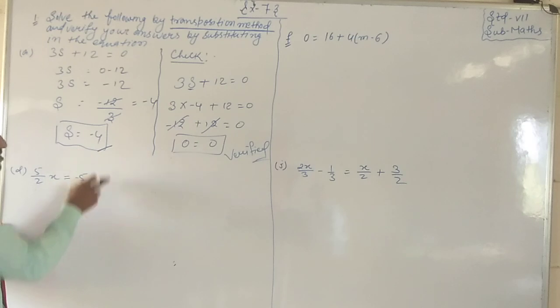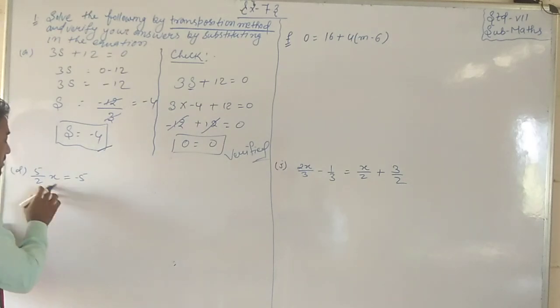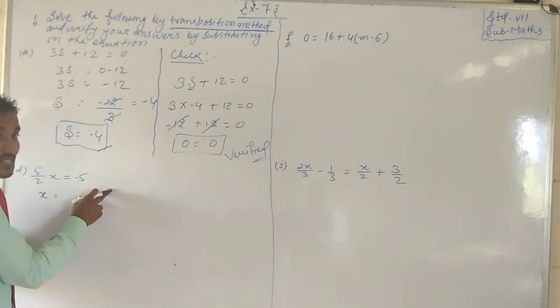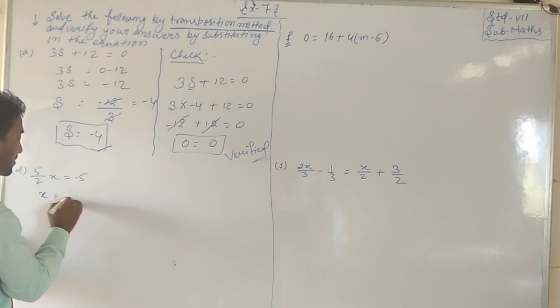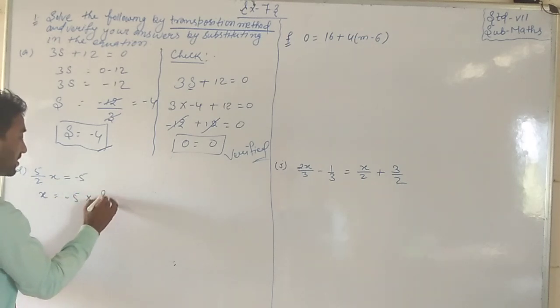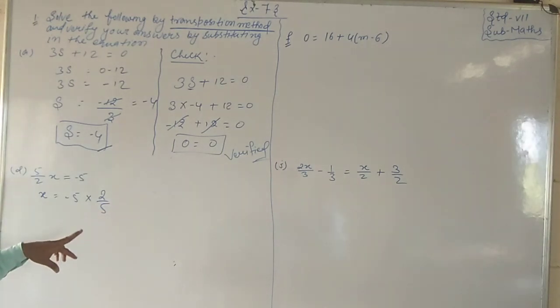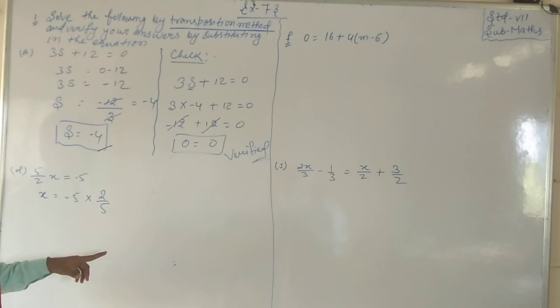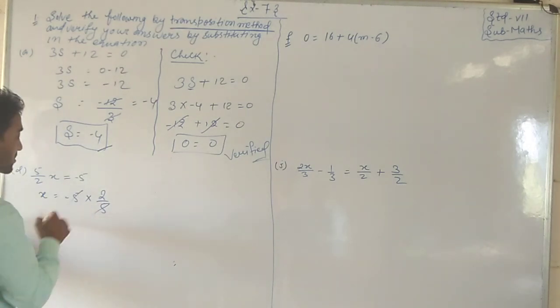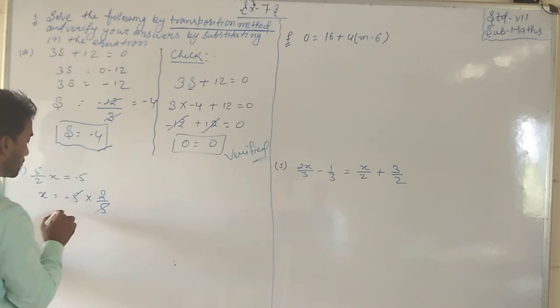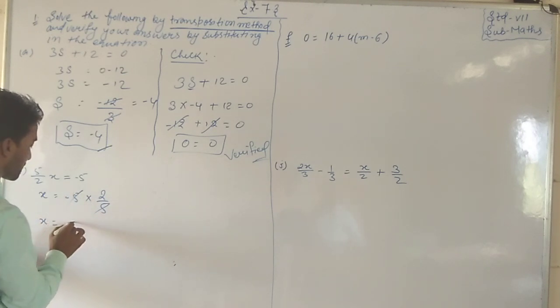When transposed to the RHS, x stays in the LHS and 5 by 2 transposes to the other side. Minus 5 is multiplied by the reciprocal: numerator into denominator, denominator into numerator. 5 cancels, giving minus 2 into minus 1 into 2. So x is equal to minus 2.